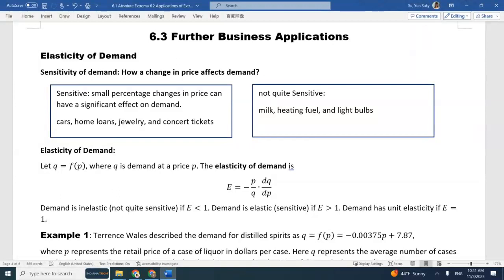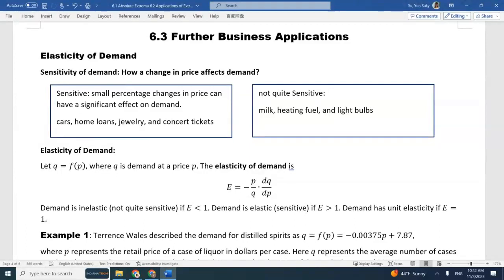Okay, but some products are not quite sensitive, like milk, heating fuel, and light bulbs, because you need milk all the time, right? Homes and jewelry, you don't need to buy now, you won't die. But milk or pasta or bread, vegetables, you need these every day, right, everybody?